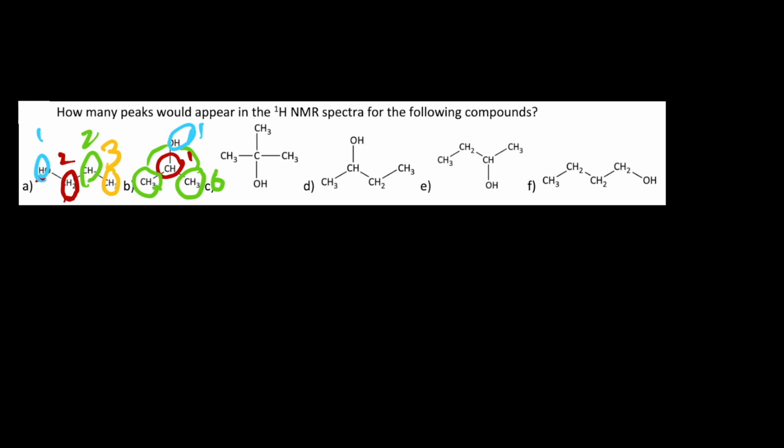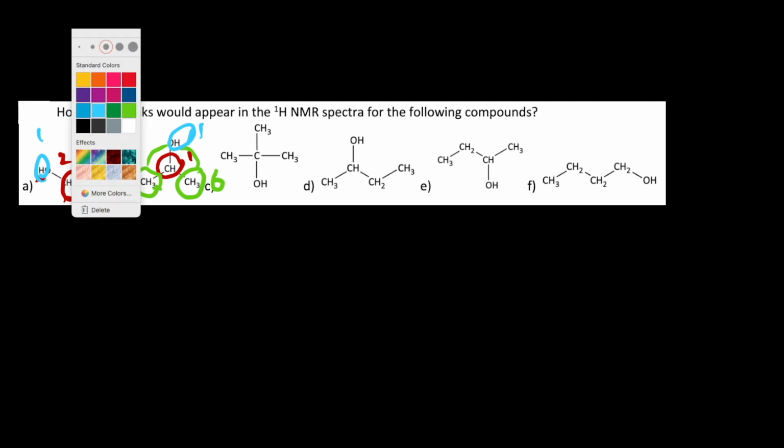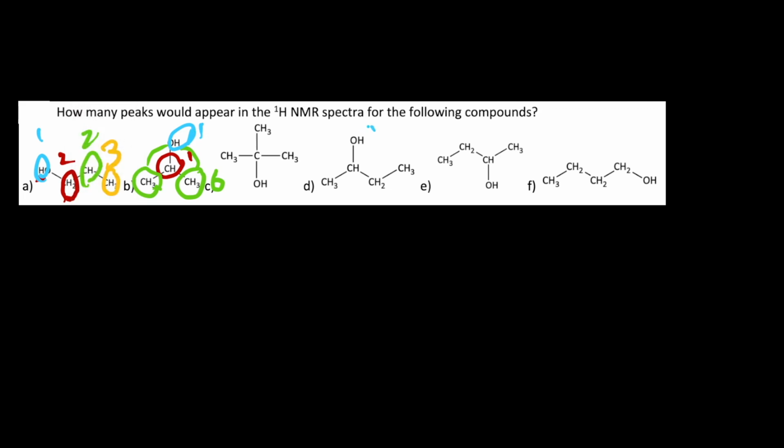Let's skip C for now and go on to D. This one I have this hydrogen. This one's only 1 away. This CH3 is 2 away. Let's use a different color. Now this CH2 is different yet because this CH2 is closer to this CH3, and this one, the green one, is very far away from that CH3.